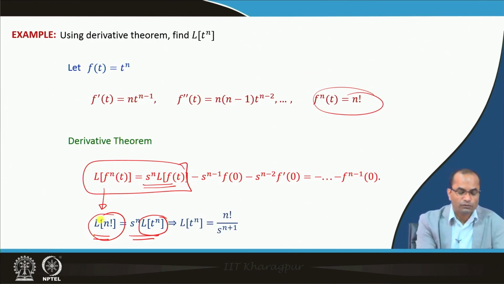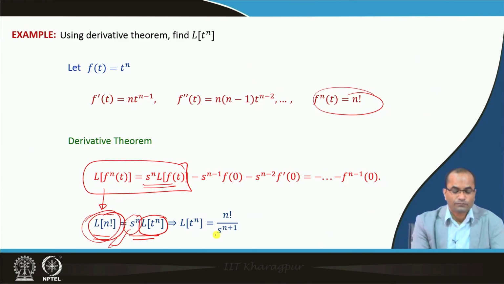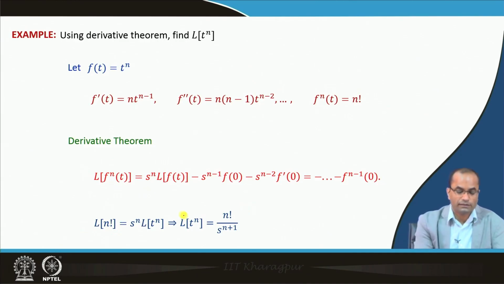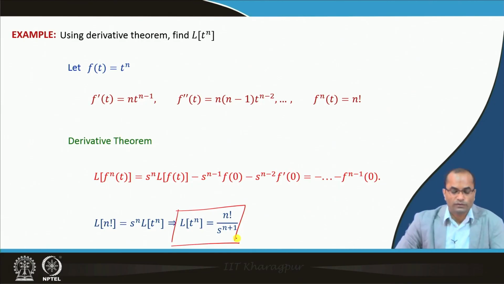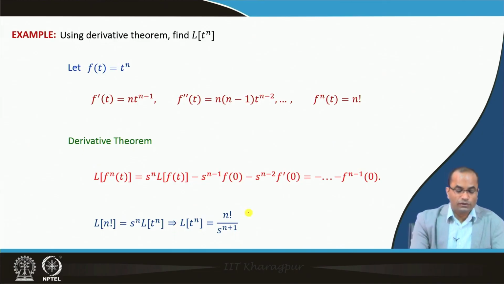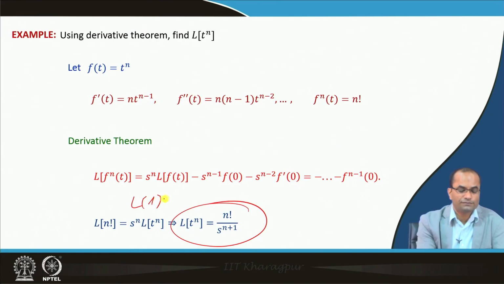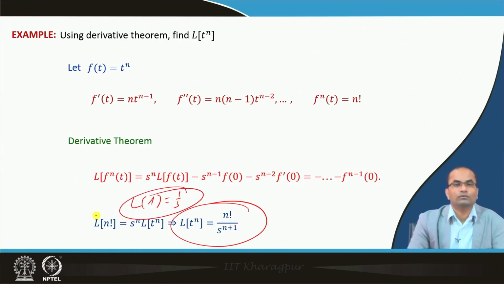So, we have 1 over s with factorial n, and then s to the power n goes to the denominator. We have the result that the Laplace of t to the power n is factorial n over s to the power n plus 1. So, we got this result just by using that the Laplace transform of 1 is 1 over s.